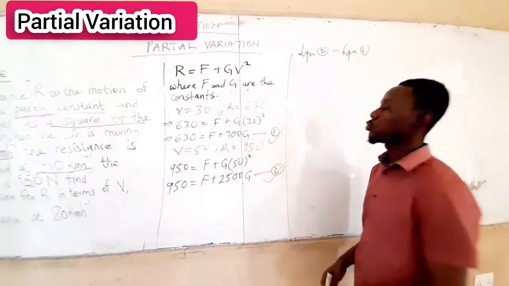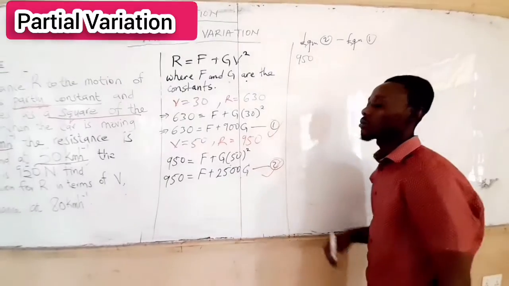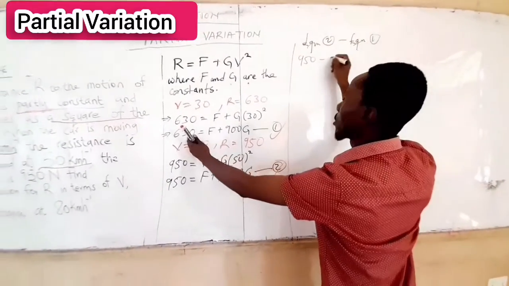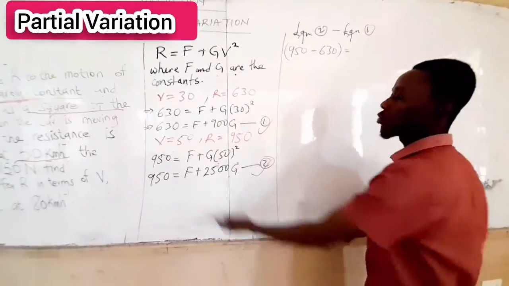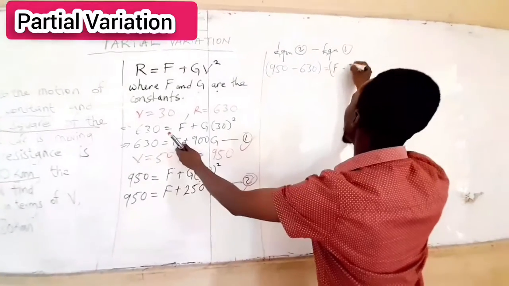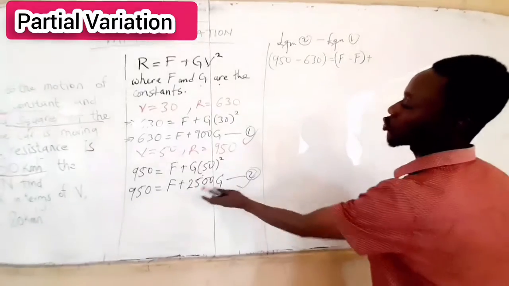So for equation 2, we have 950 F plus 2500 G, minus equation 1, 630 equals F plus 900 G.